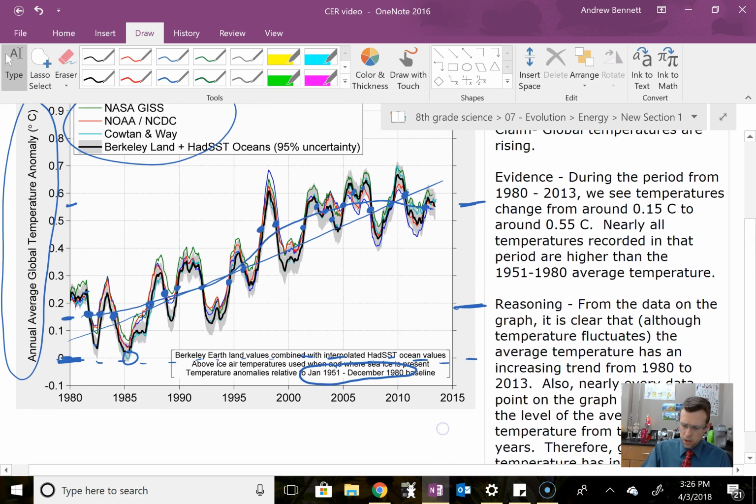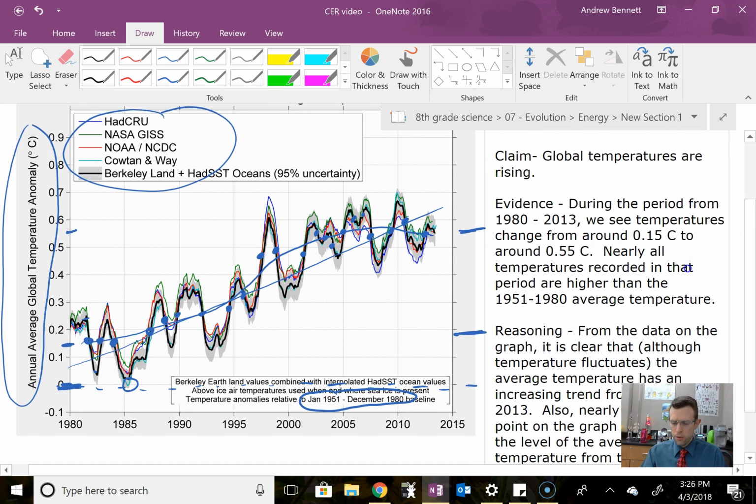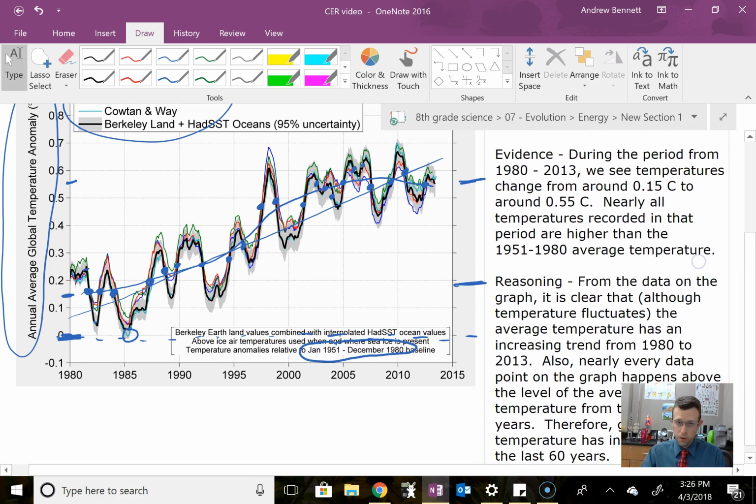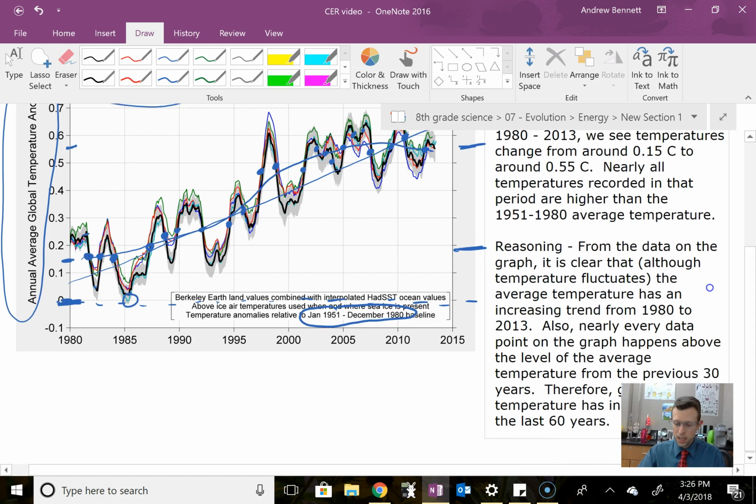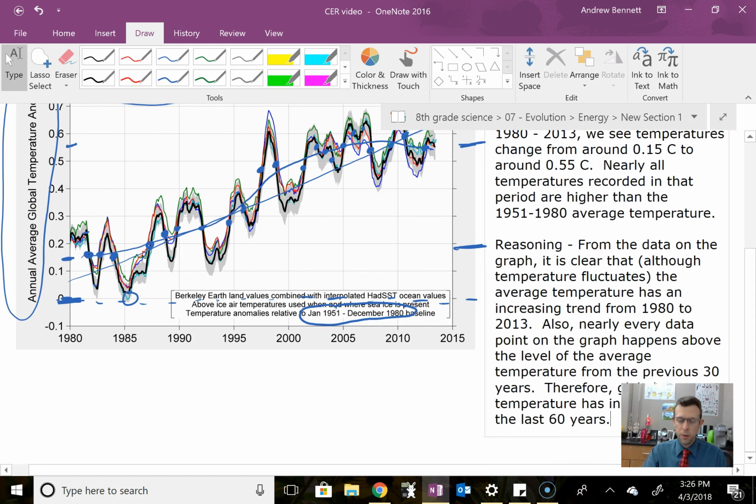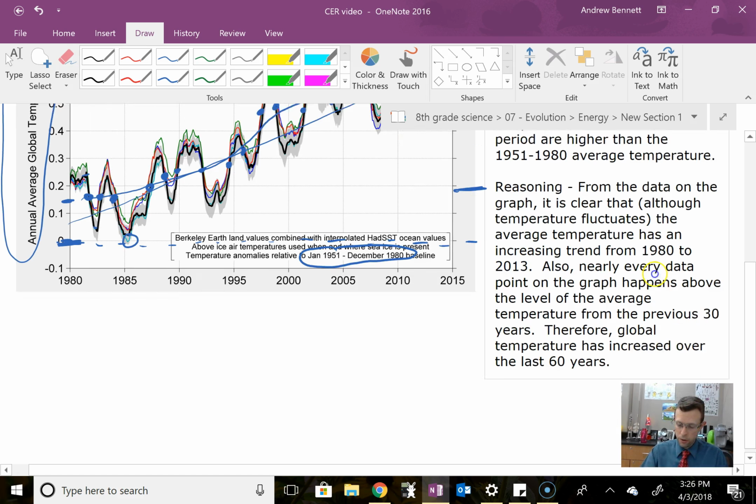So just kind of an overview here. We thought through the evidence first. We noticed the fluctuations, but the general increasing trend. We also noticed that everything was above zero, where zero means the average temperature from 1951 to 1980. So those two pieces of information show a general upward trend during the last 30 years, and also that the last 30 years on average are higher than the previous 30 years on average.